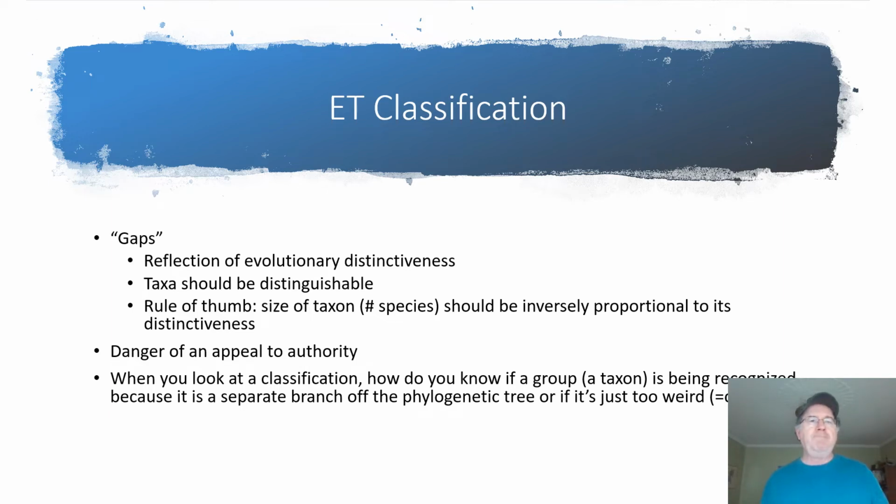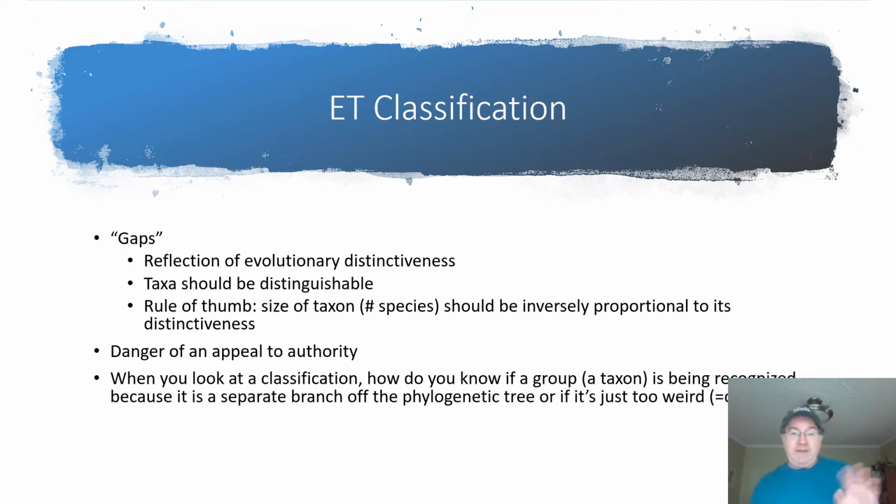One of the other problems with evolutionary taxonomy is that if you're trying to include two aspects of evolutionary change, cladogenetic change and anagenetic change, in the same hierarchical structure, in the same classification, then somebody looking at that classification without the underlying data has no way of knowing if a taxon is being recognized because these are all the descendants of a common ancestor, or because these are put in a higher classification because they're very different.